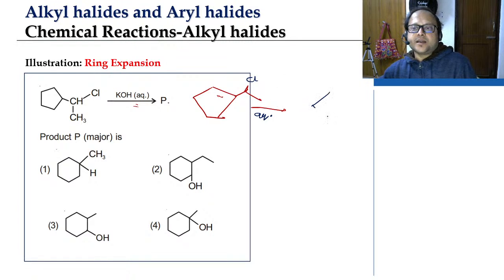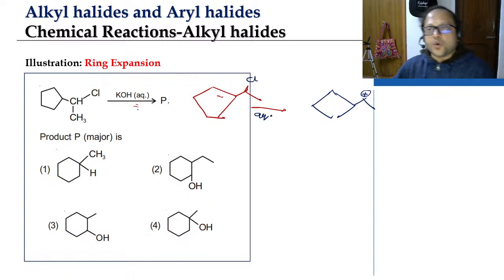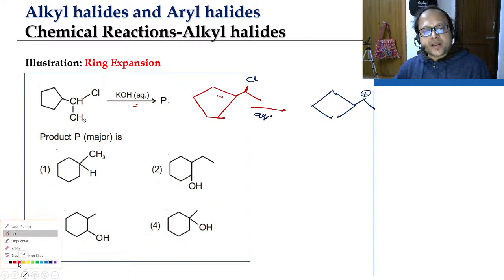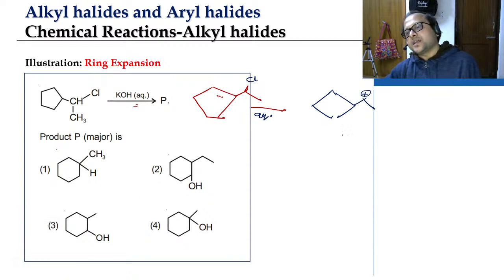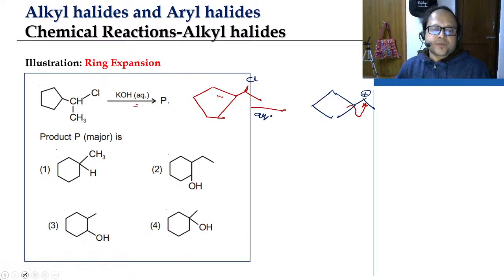Cl minus will depart, and there is a positive sign over here. Now this carbon is in a 5-membered ring, and it sees a potential for itself if it can expand from here to this carbon, right? So if this happens, what is going to happen?